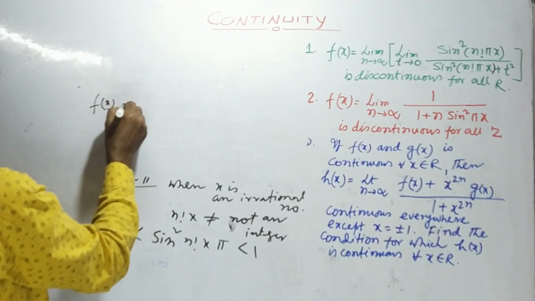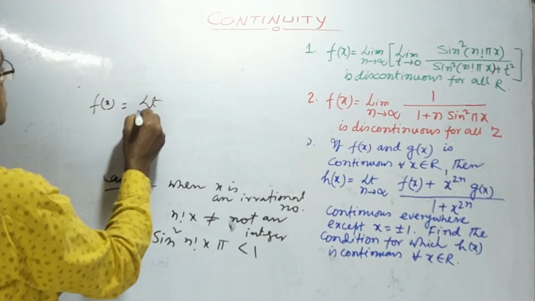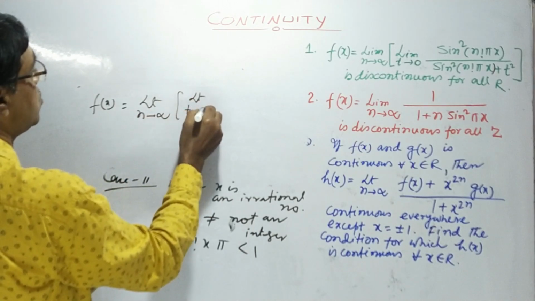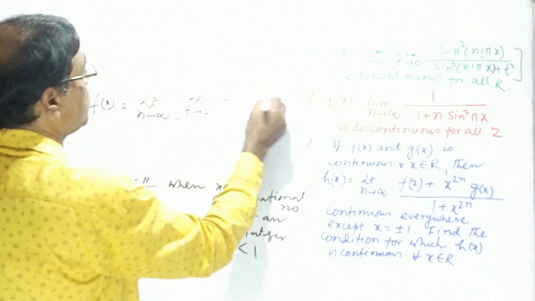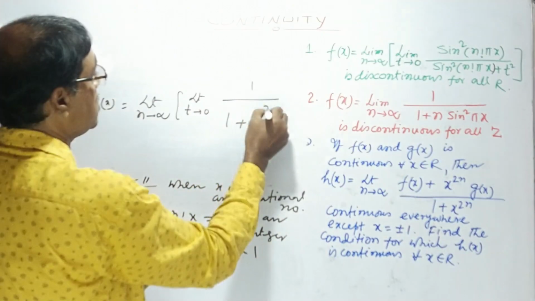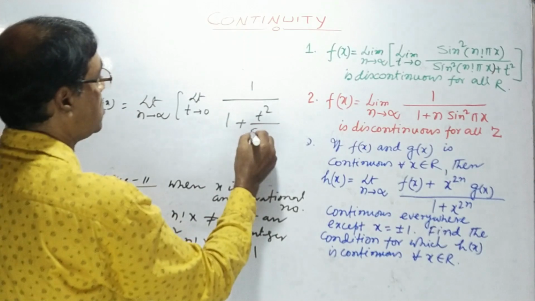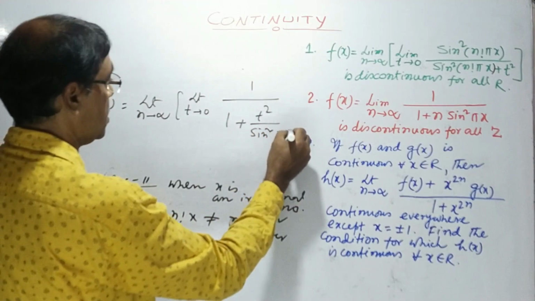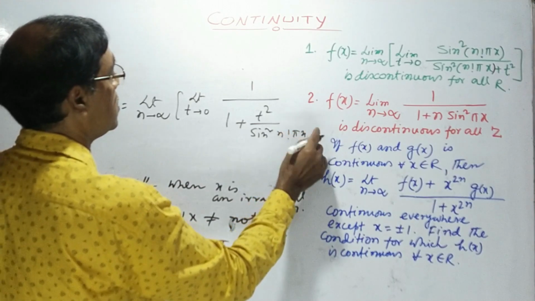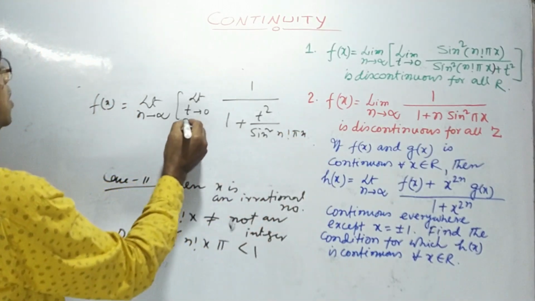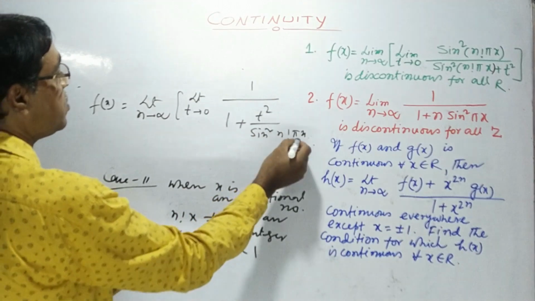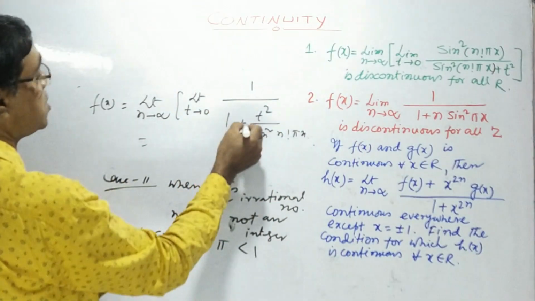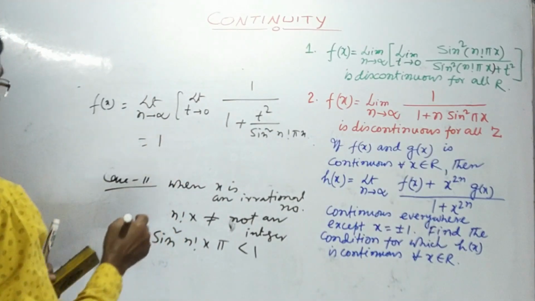Therefore we can write f(x) equals limit n tends to infinity, limit t tends to 0, of 1 by (1 plus t square by sin square (n factorial pi x)). Taking limit t tends to 0, this is bounded and not equal to 0, so the limit of this function is 1.